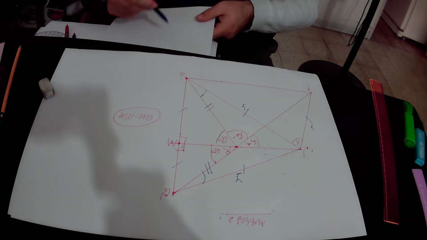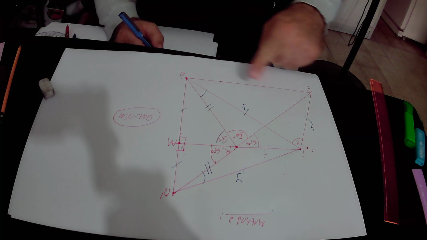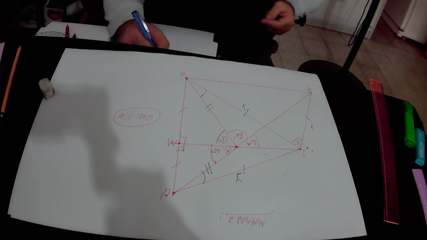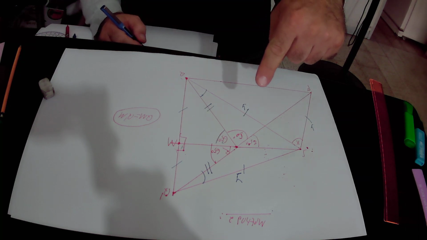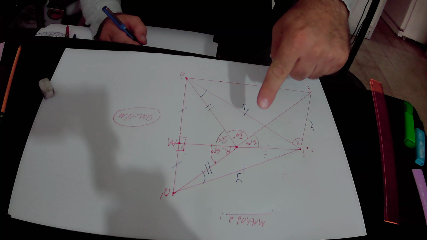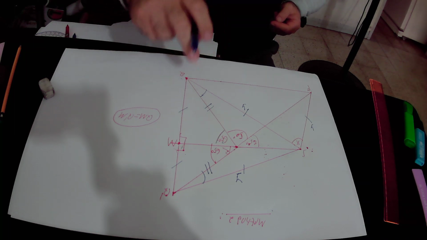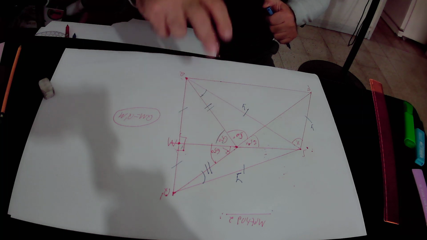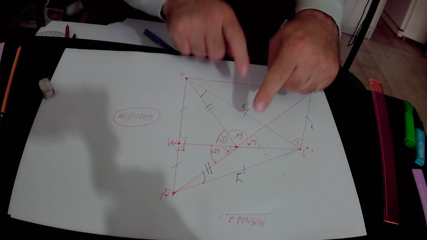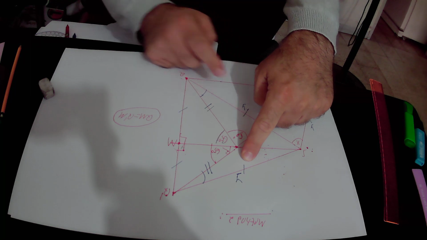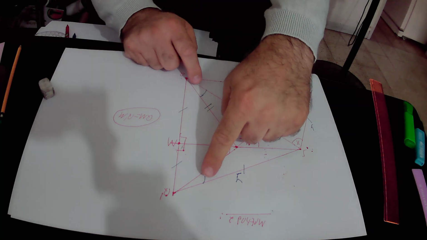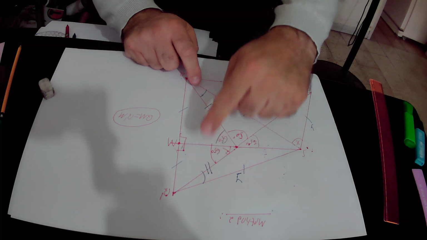Angle SQR is equal to angle SQ dash R according to the rule that corresponding angles in congruent triangles are equal. Those two triangles are congruent, therefore those two corresponding angles will be equal to each other.